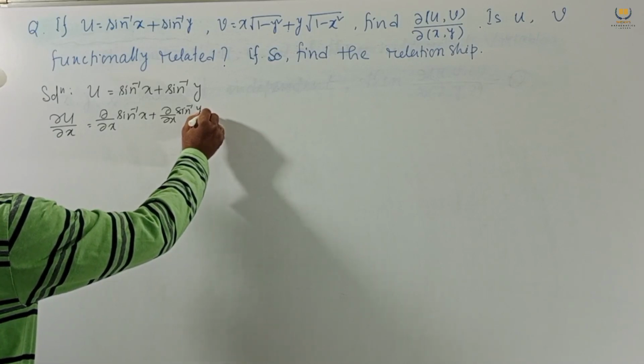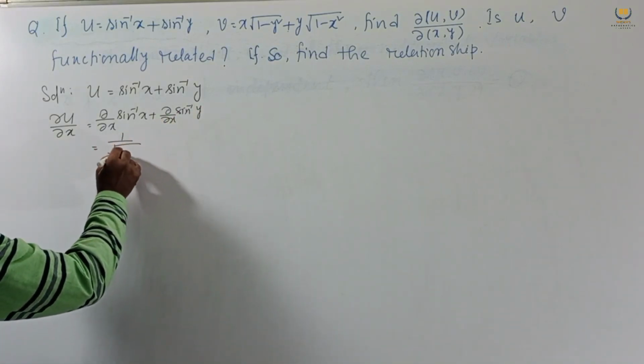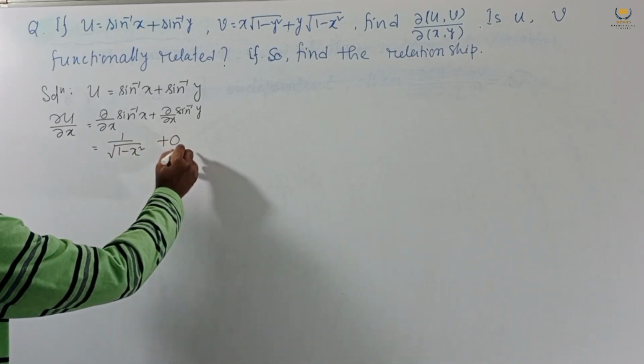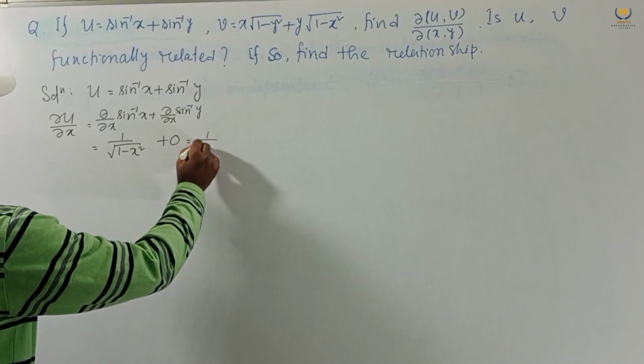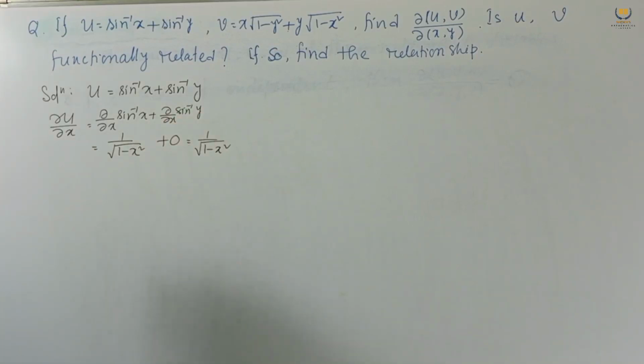By the direct formula, sin inverse x gives 1 by root over 1 minus x square, and this is 0, so ∂u/∂x equals 1 by root over 1 minus x square.